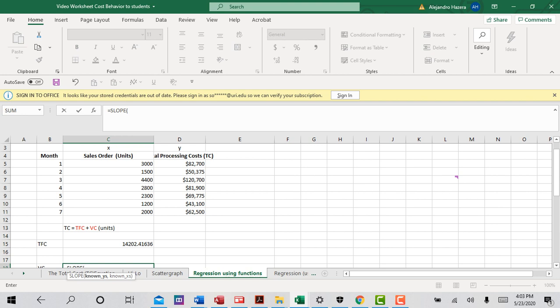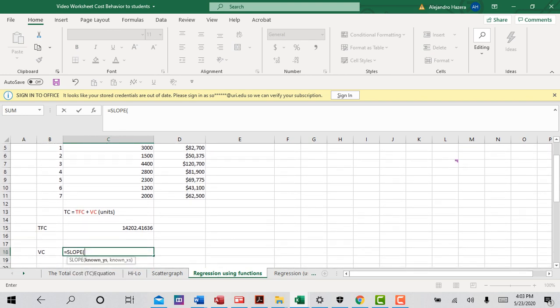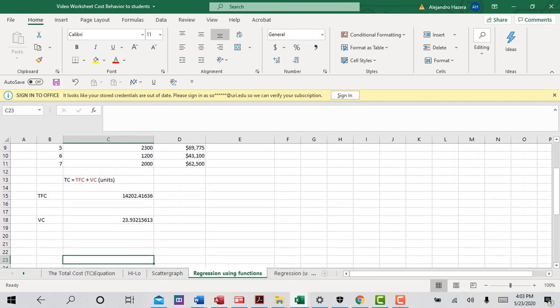Our known y's are these data right here. Put a comma in there, and our known x's are those right there. Our slope is going to be $23.92, I mean 93 cents. The variable cost per unit is going to be $23.93.